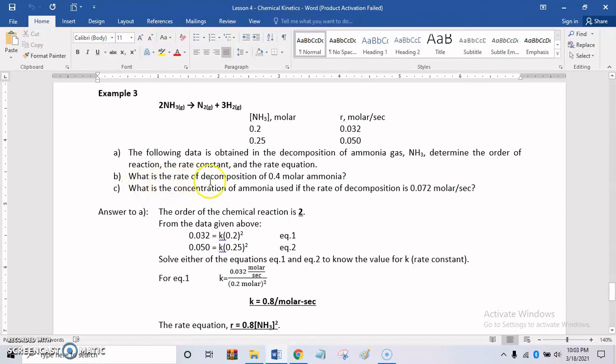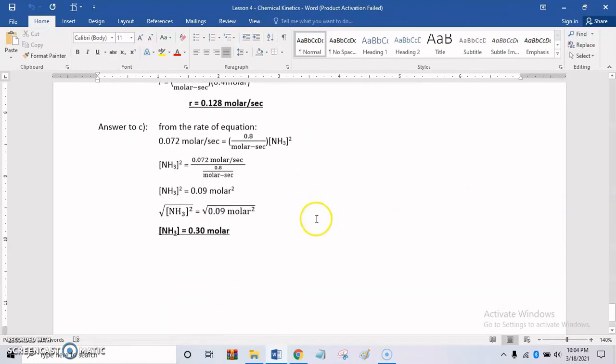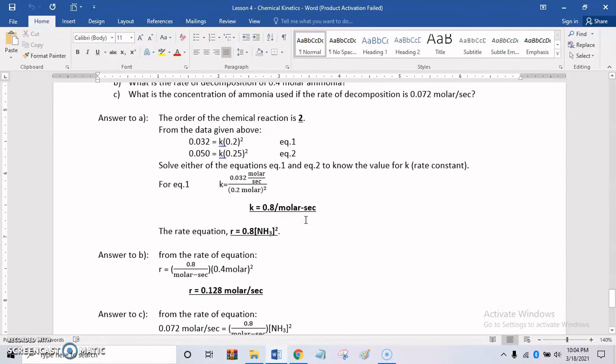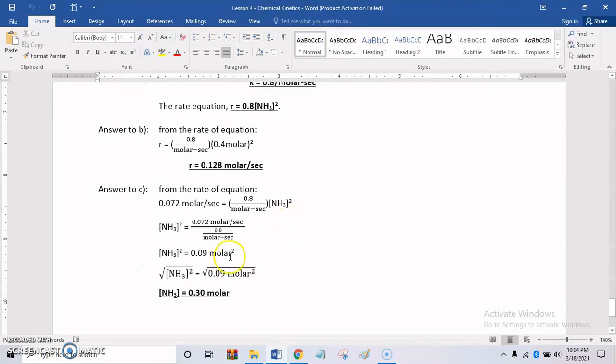Next question, what is the concentration of ammonia used if the rate of decomposition is 0.072 molar per second? Here, we were given the rate of decomposition, the R, 0.072 molar per second, and what is asked is the concentration of ammonia. So we need to use R equals K times the concentration of ammonia to the power of 2.